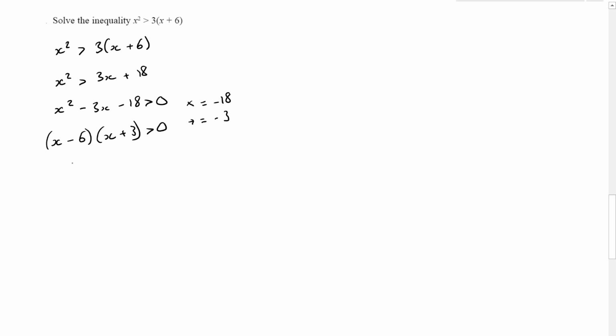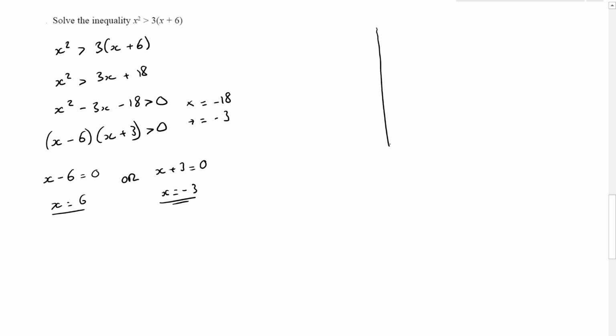And then we said we're going to solve these individually, so it would be x minus 6, and now we're going to put back in the equal signs to get a solution. It would be equal to 0, so that means that x is equal to 6, or x plus 3 is equal to 0, which means x is equal to minus 3.